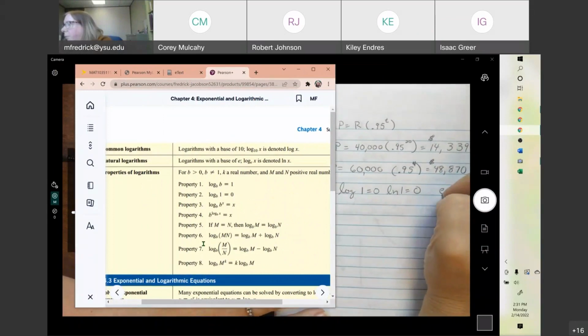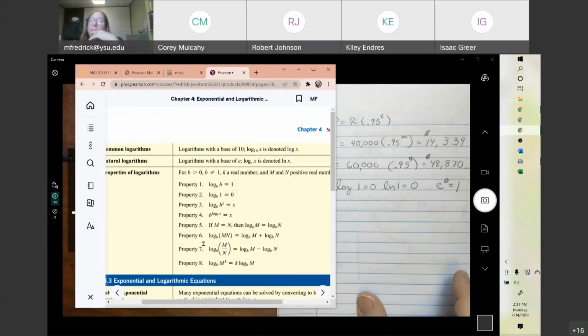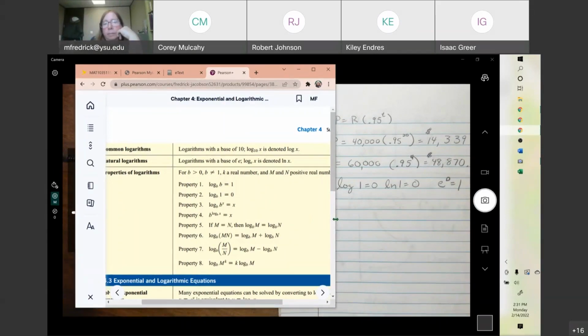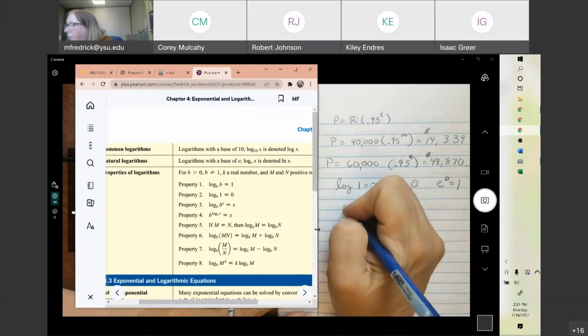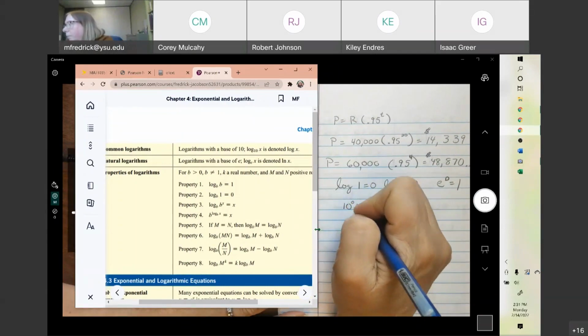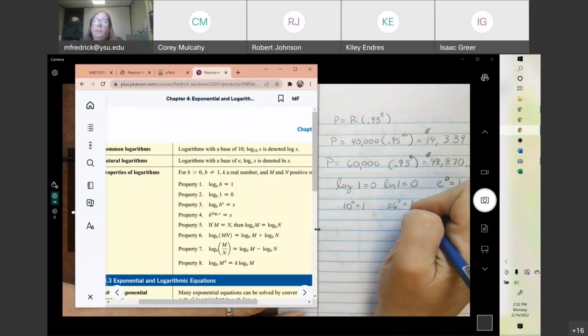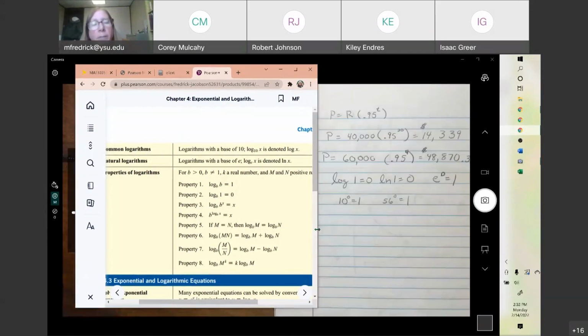And e to the 0 is 1. Anything to the 0 power is 1.